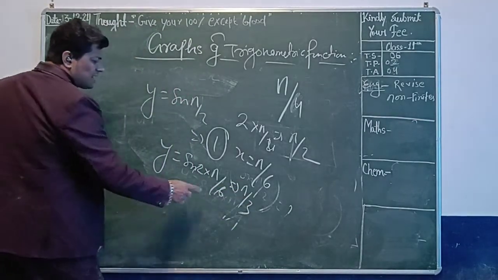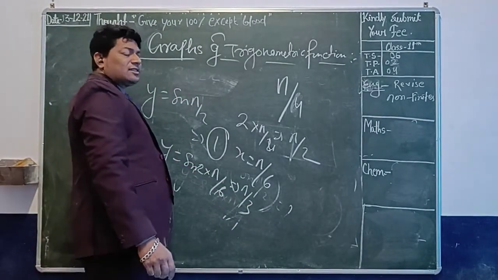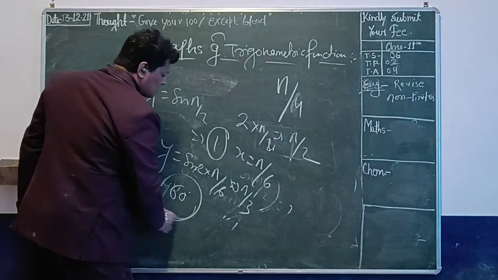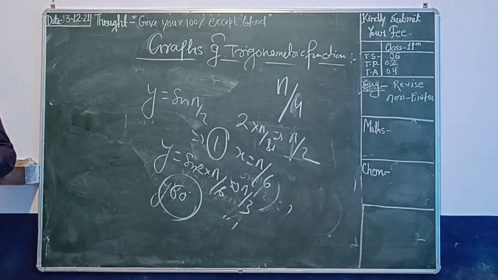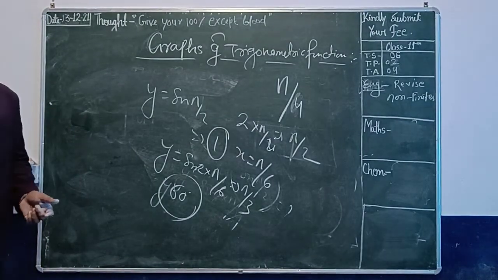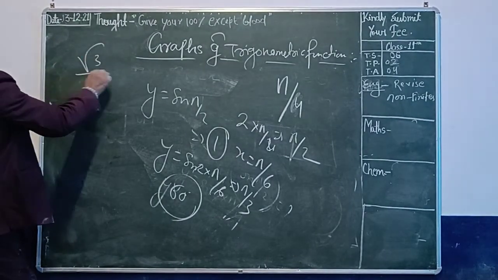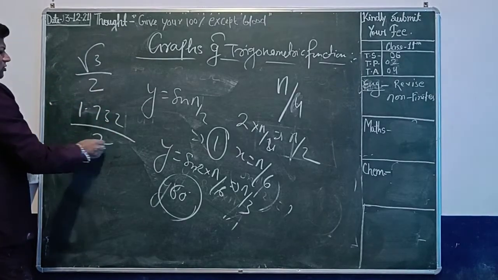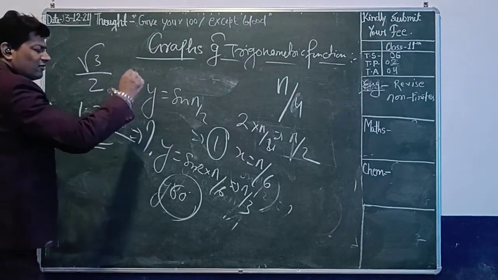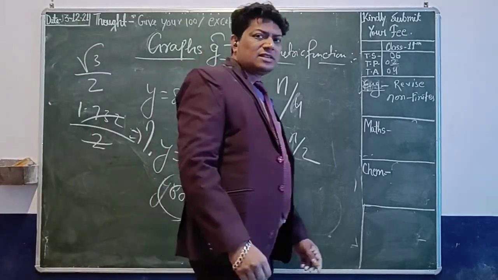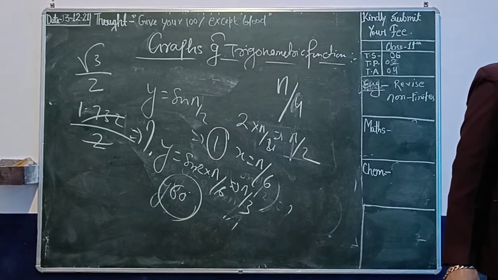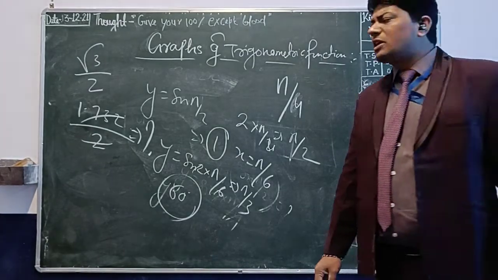Pi by 3 means 60 degrees, and the value of sin 60 degrees is root 3 by 2. If you divide 1.732 by 2, you will get values in decimals. Is it clear? Then you can draw the curve.